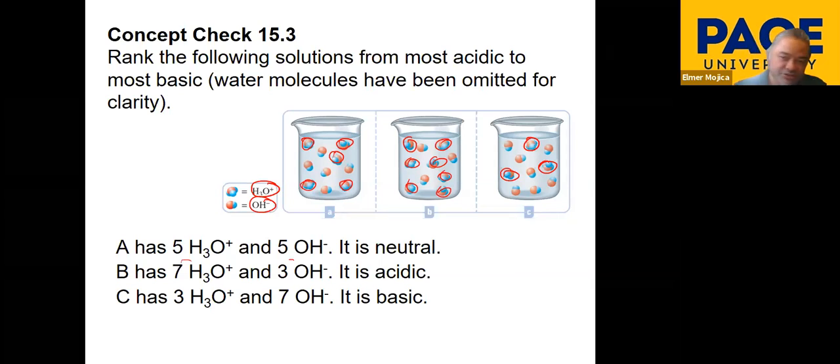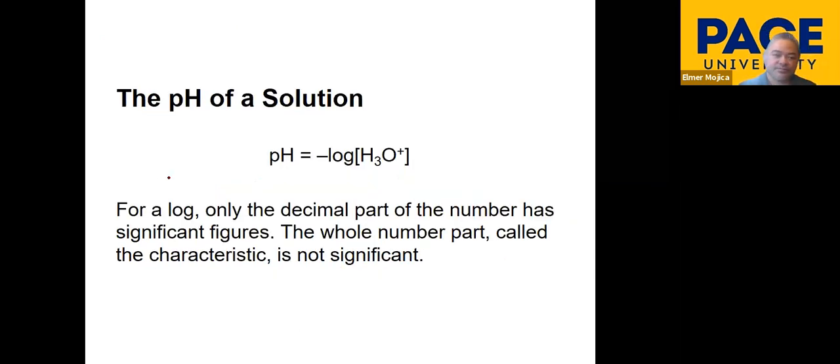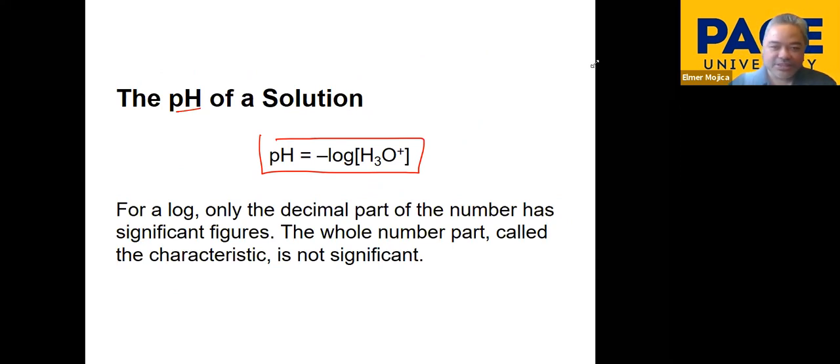Now to simplify this, they adopted this concept of pH. So if we're going to list it from most acidic to basic, it's B, A, C. They said pH is just the negative log of hydronium ion. Now, where do you think the pH was developed? Anyone? This concept of pH is a product not from the academe like universities, but it came from an industry.